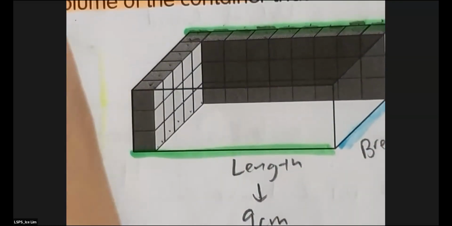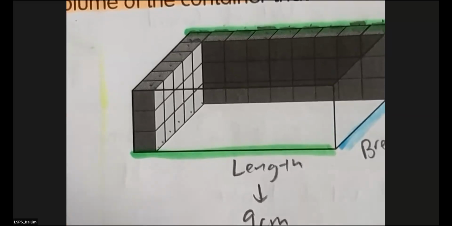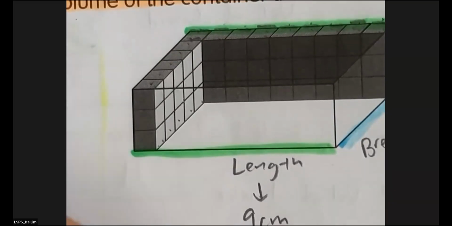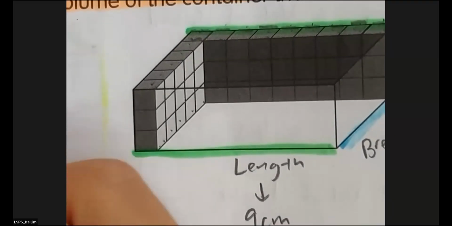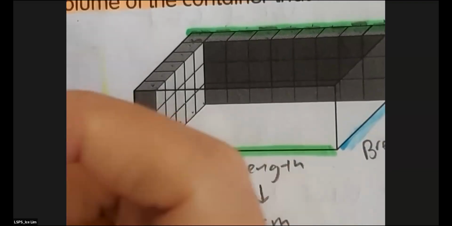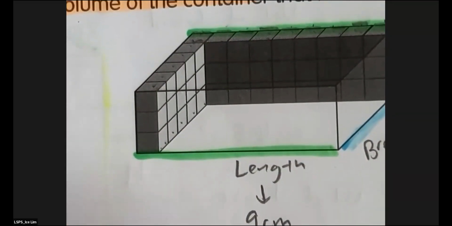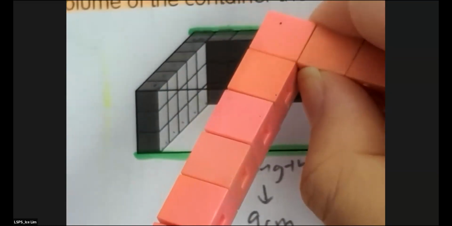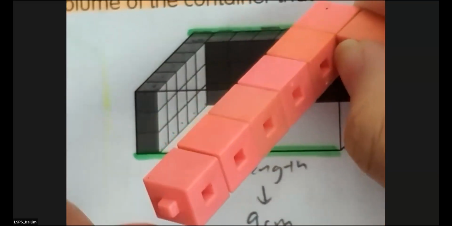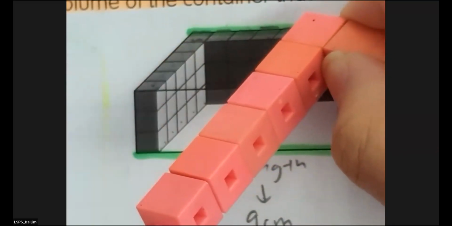So if I were to join 6, it looks something like this from this corner of the tank. Can you see this?